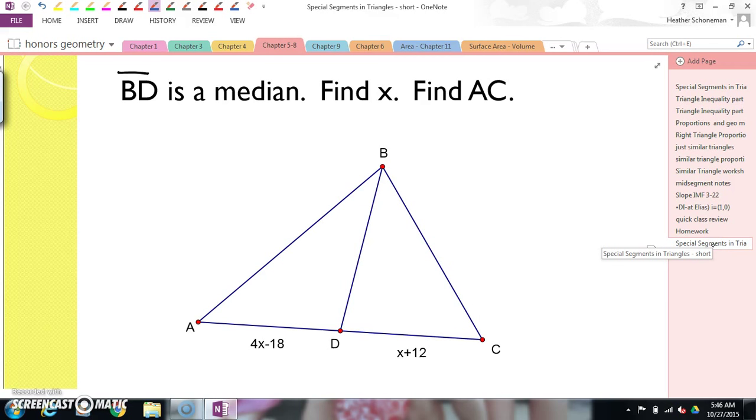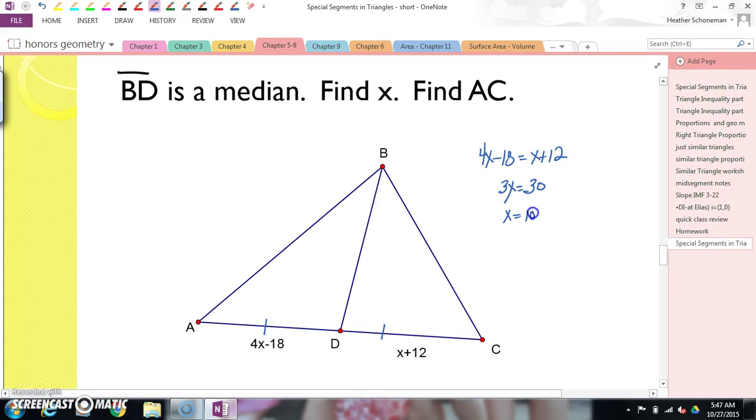Since BD is the median, we know that it splits the side in half. So now we can easily say that 4x minus 18 has to equal x plus 12. If I solve that, 3x equals 30, so x equals 10.